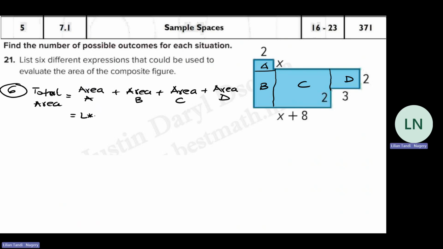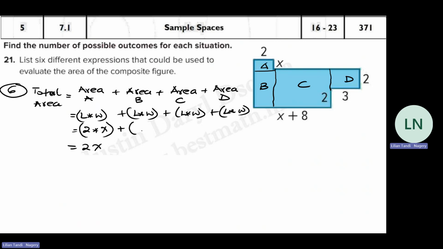Area A is length times width plus length times width plus length times width plus length times width. The length of area A is 2, and I'm multiplying with x. So my answer is 2x plus the length of B is 2 and the width is 4. So that gives me 8. From here to here is 4.